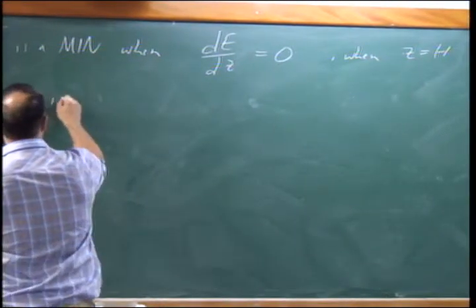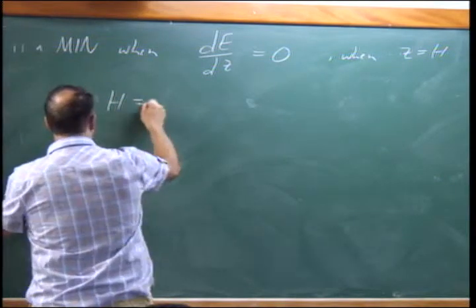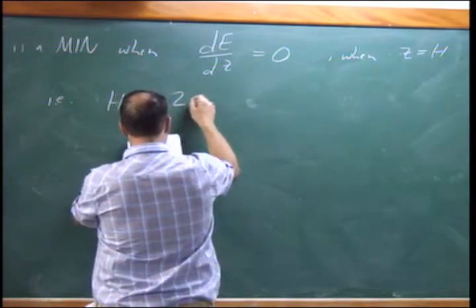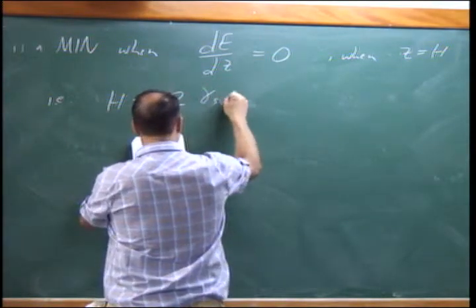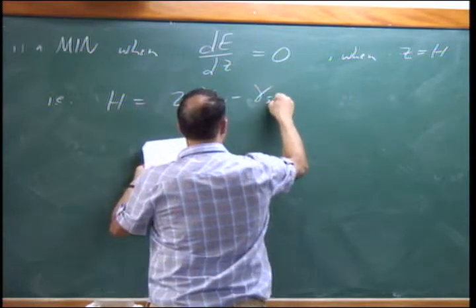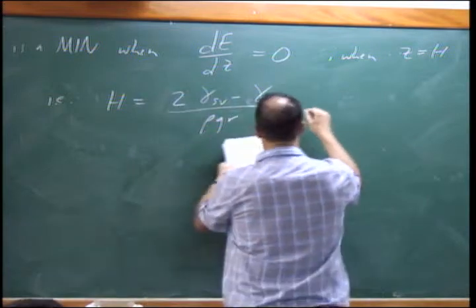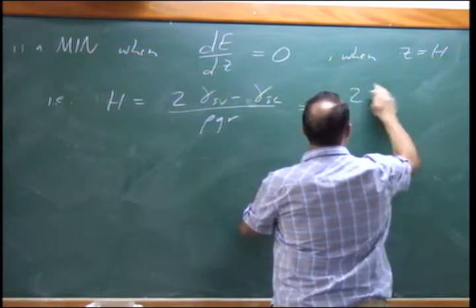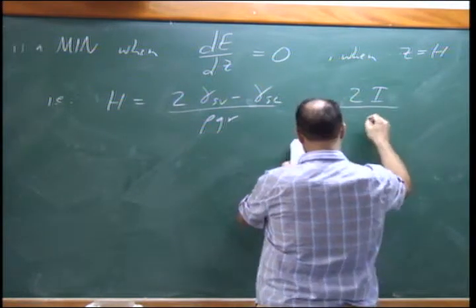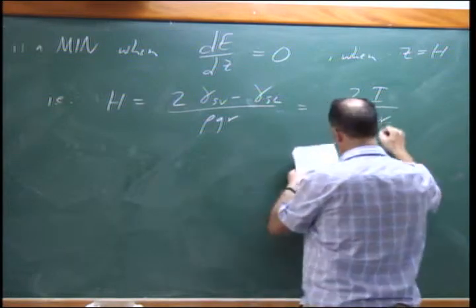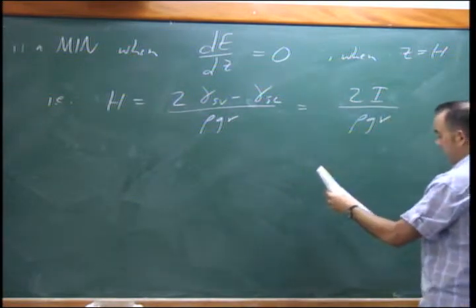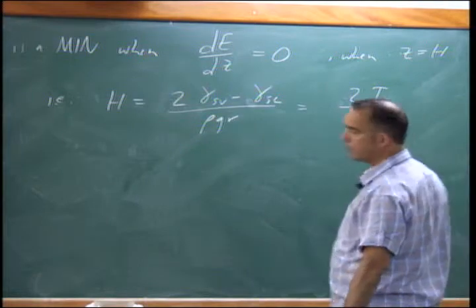So this gives us 2I over rho g r. So this gives us Jurin's law.